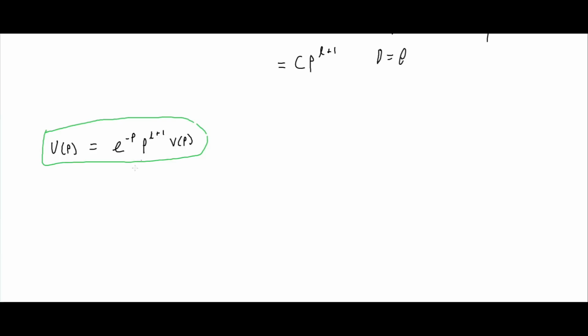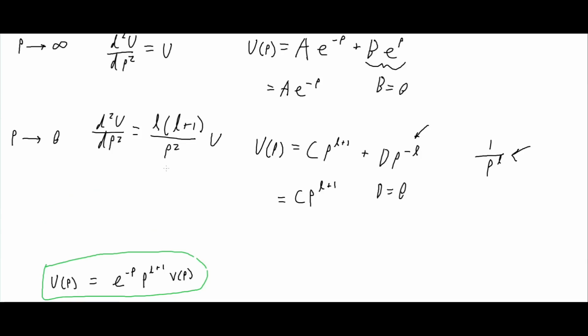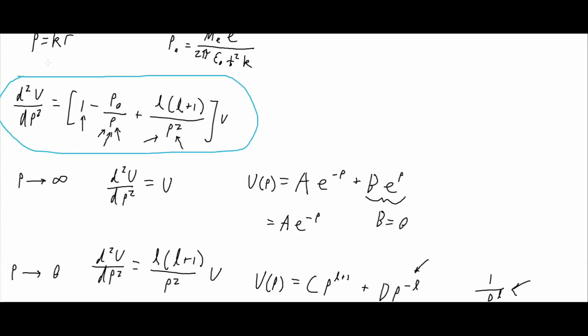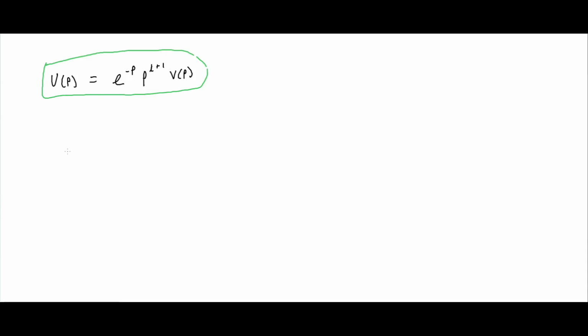And so we are looking for this second derivative right here. And so we want to take the second derivative of this. So the first derivative, du over d rho, is going to be equal to, and I'm not going to go through all the product rule here, so just know that I'm using the product rule for this.